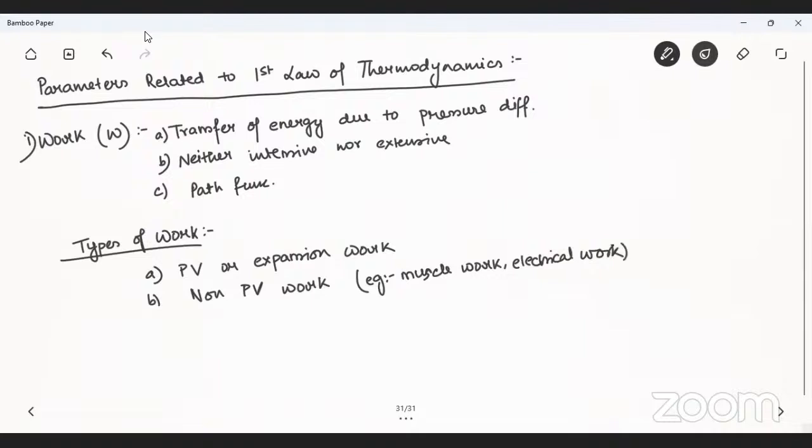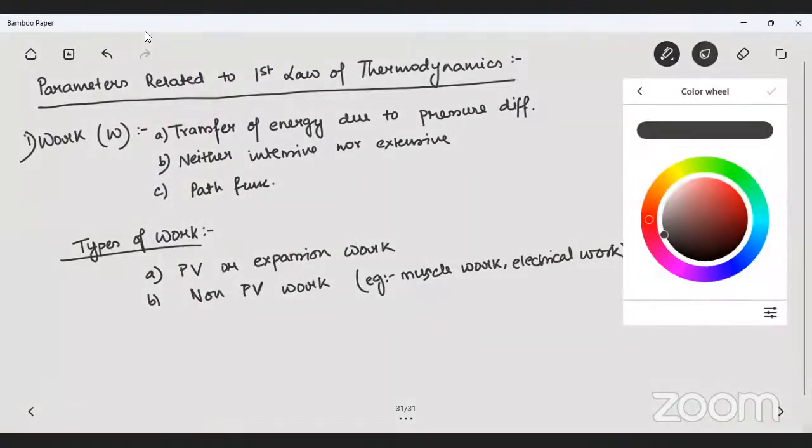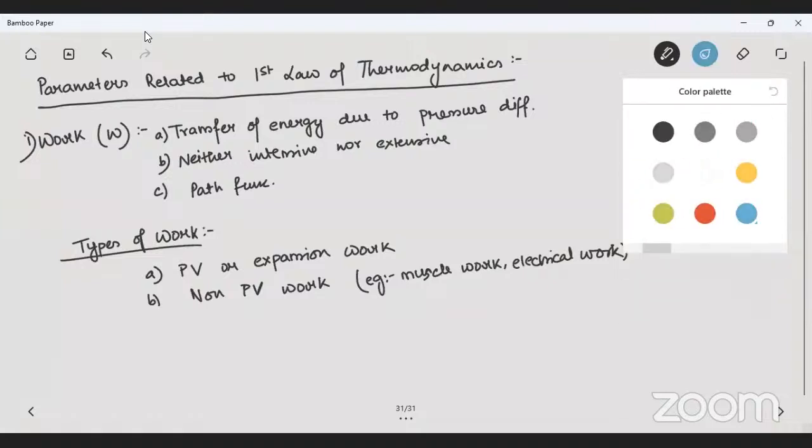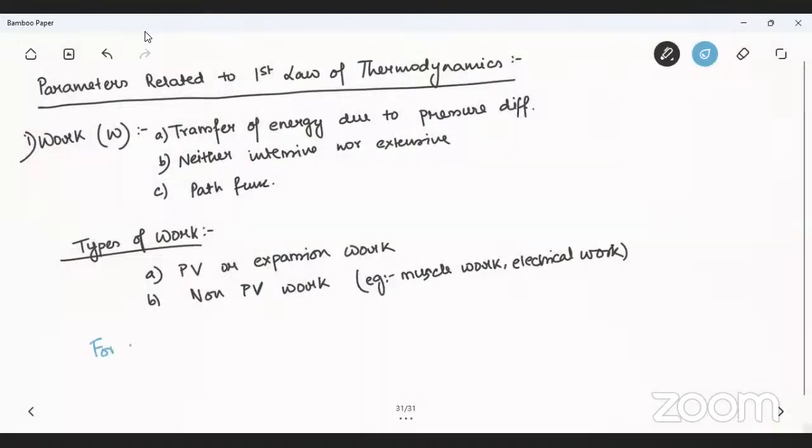So in the first law, we mainly deal with PV. Very important statement: for chemistry, for the first law, we deal with PV or expansion work in most cases.